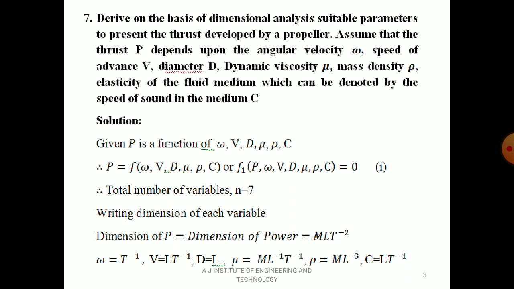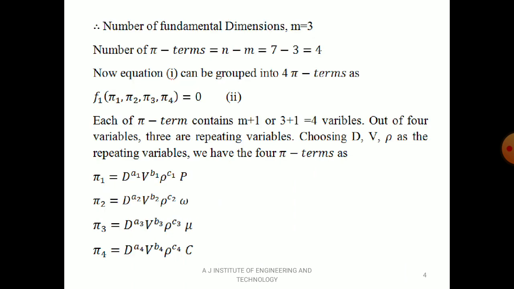For diameter, the dimension is L. For dynamic viscosity, the unit is Newton second per meter square, so the dimension becomes M L to the power minus 1 T to the power minus 1. Density is the ratio of mass by volume, so the dimension is M L to the power minus 3. Speed of sound is similar to velocity, so L T to the power minus 1.